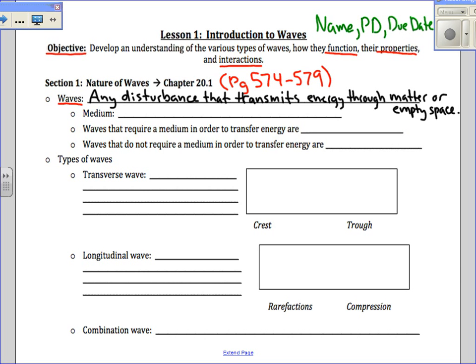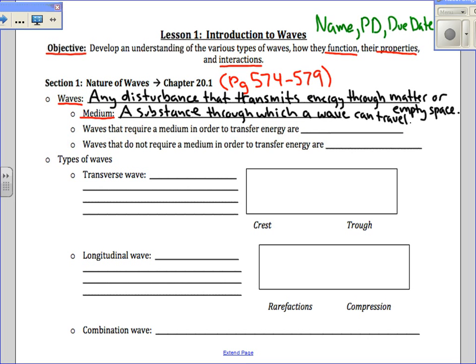Okay, now mediums are what a wave travels through. This is the substance through which a wave can travel. So a medium is a substance through which a wave can travel.